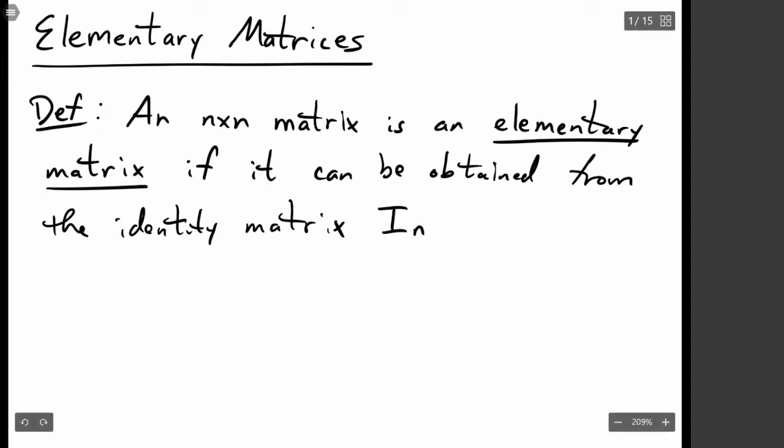So the identity matrix I_n, by a single row operation.